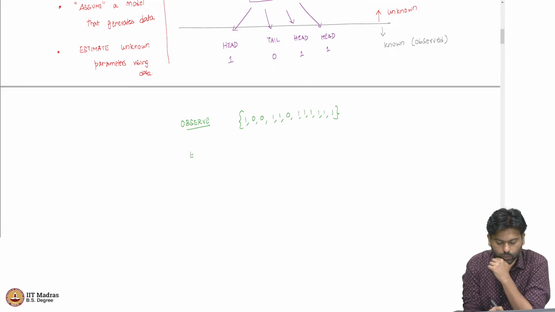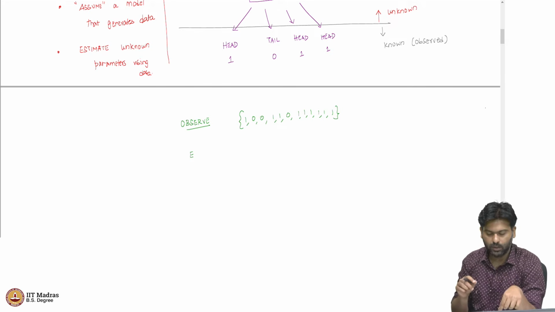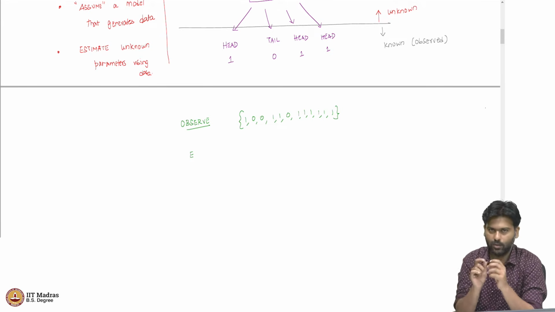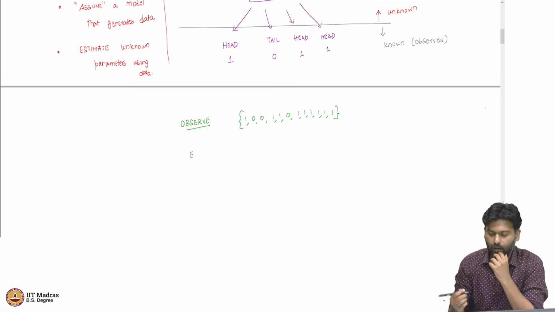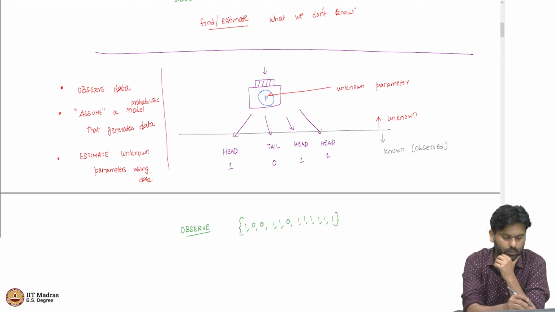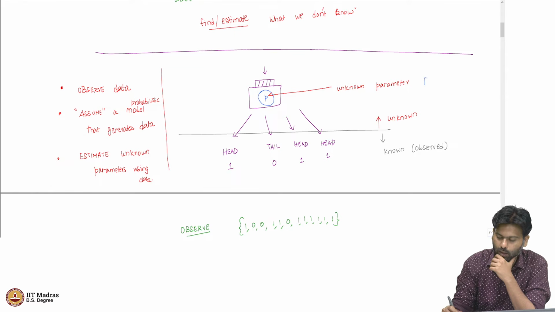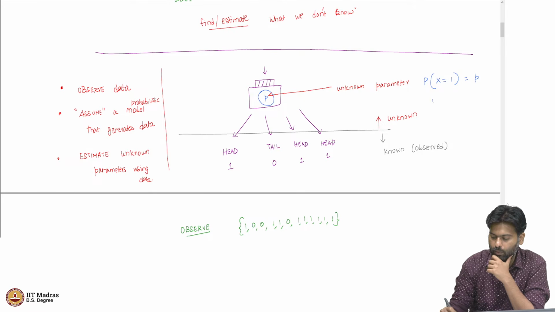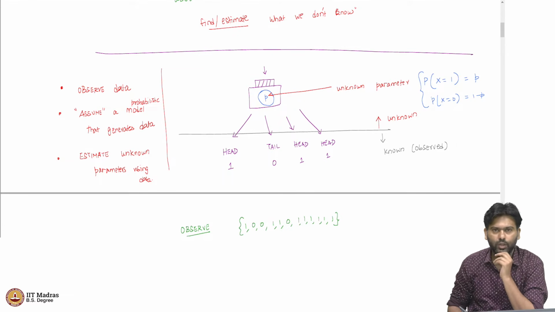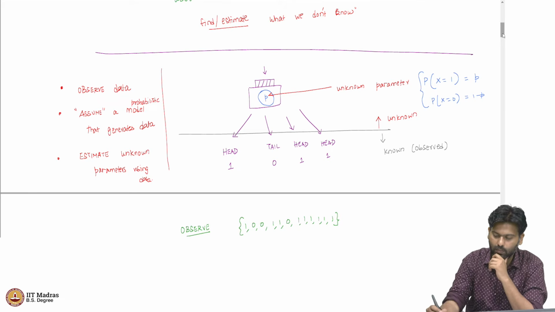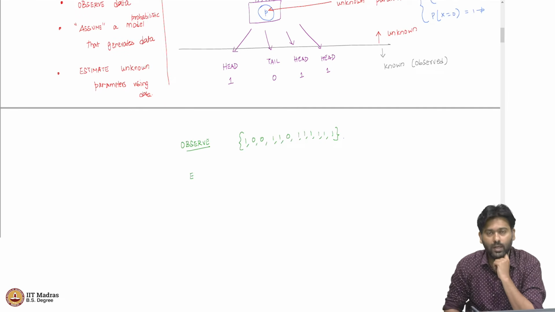The model that I'm assuming is, of course, that there is a box, and every time I press the box, a 1 or 0 gets generated, and the box has a coin with some bias P. When I say bias, just to make this very precise, the probability of some random variable x taking value 1 is P, and the probability that x equals 0 is 1 minus P. Right, so that's what it means to say there is a probabilistic mechanism that generates the data, and I am observing this data under that assumption.